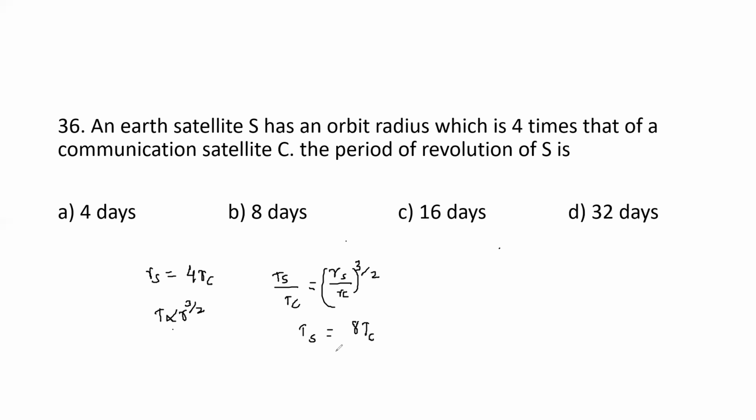As we know, the TC value is 1 day, right? So for Earth, it becomes 8 into 1, that is nothing but 8 days. So the time period of revolution for the Earth satellite is 8 days when the orbital radius is 4 times that of the communication satellite. That is, option B is the correct option here.